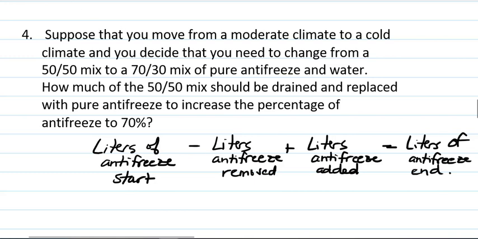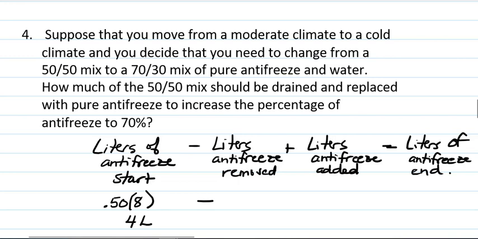So we're starting with a 50-50 mix, and we know there's 8 liters in the engine. So 0.50 times 8 is the amount of liters of antifreeze that we're starting with. We found this before. There were 4 liters of antifreeze in the 50-50 mix. Okay, and we're going to take away a certain number of liters of antifreeze.